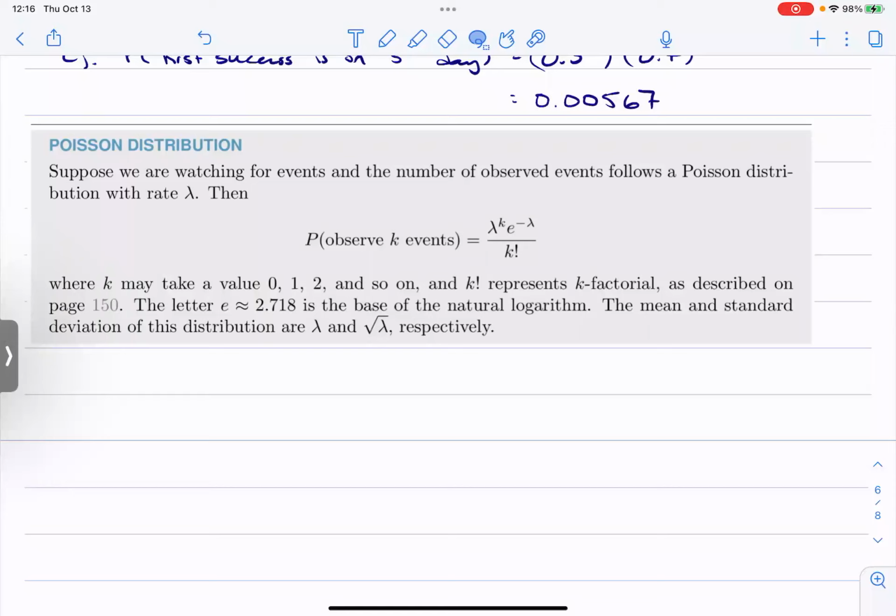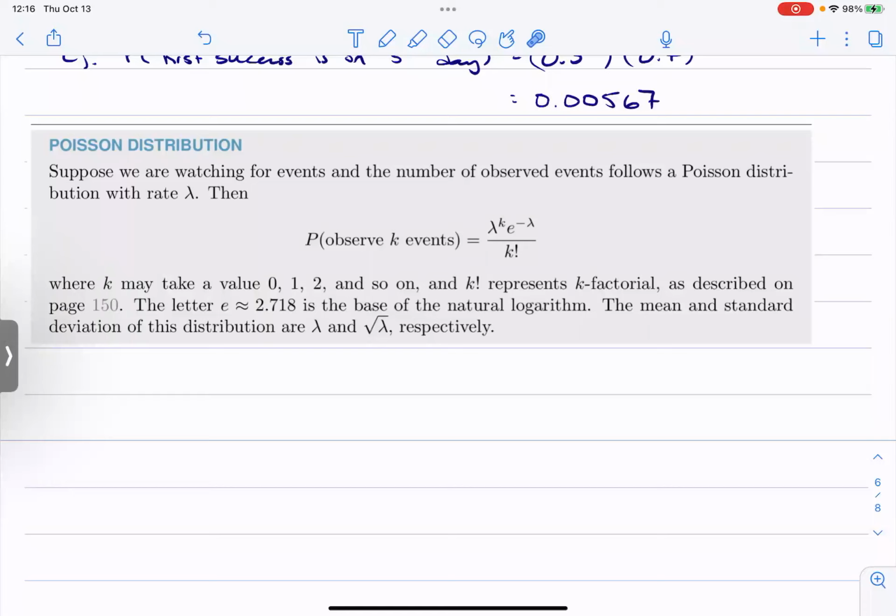The Poisson distribution is when we want to count some number of events, and we have some rate that they happen at. Some typical examples include defects in a piece of sheet metal, which is one of the questions I've used in the past. I'm not going to make you do it because we didn't get to talk about it, but this is what we're going to say about it.